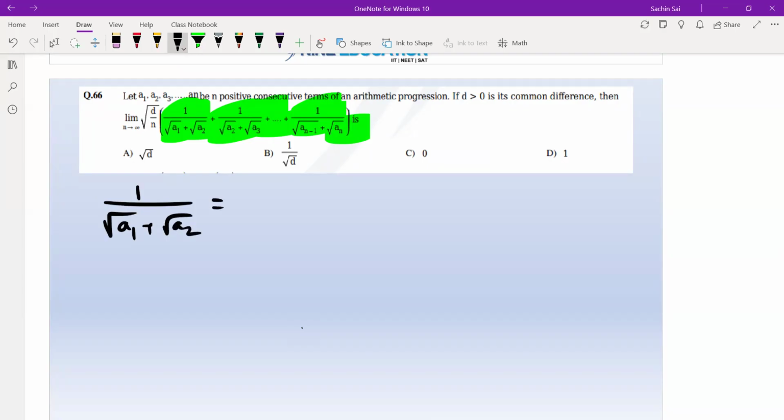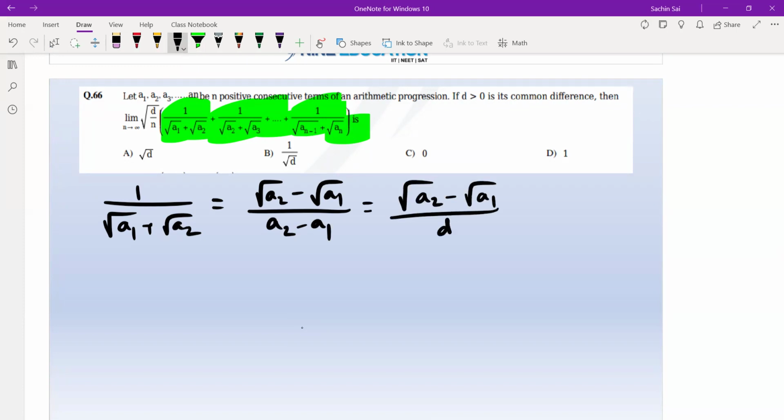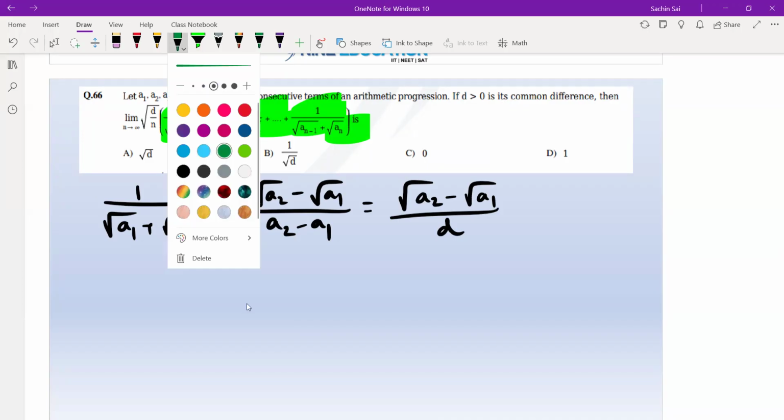If I rationalize this term, I will get root a2 minus root a1 by a2 minus a1, which can be written as root a2 minus root a1 whole divided by 2, right? So now that's the first term, which means I can write the required summation, that is this part, right?